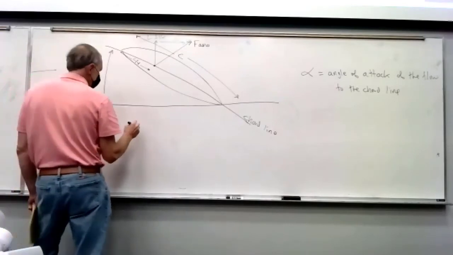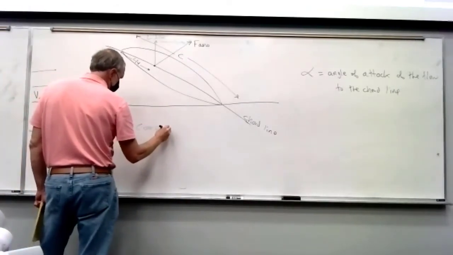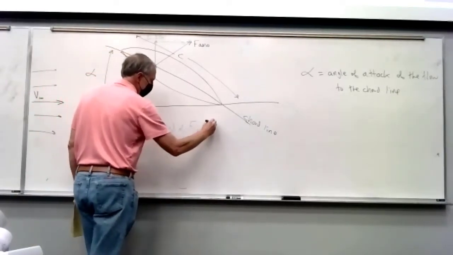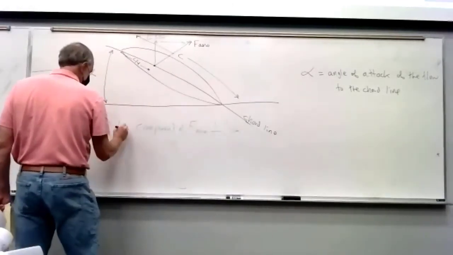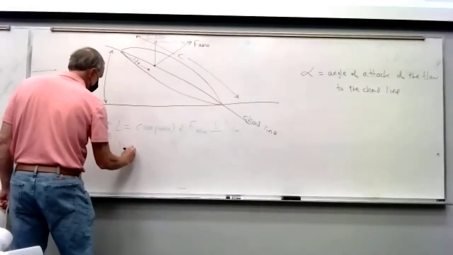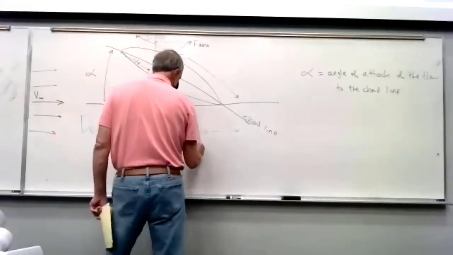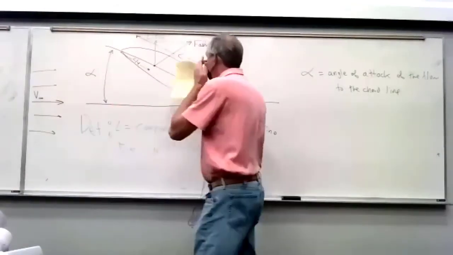Lift is defined to be the component of the F arrow perpendicular to the V infinity. And drag is the other component parallel to the V infinity. And that's how we like to express vectors, right?